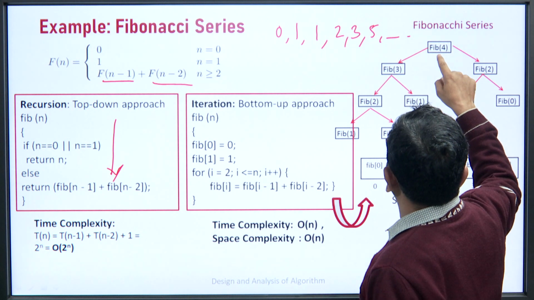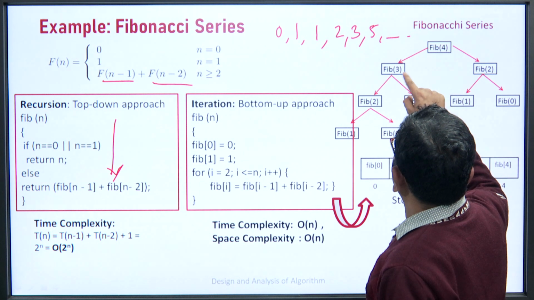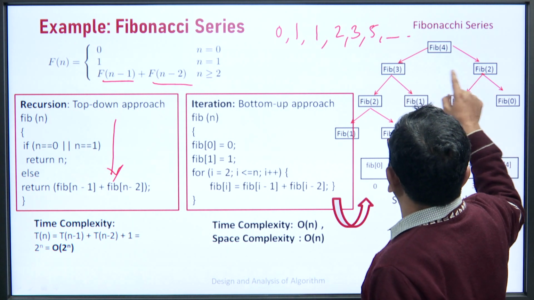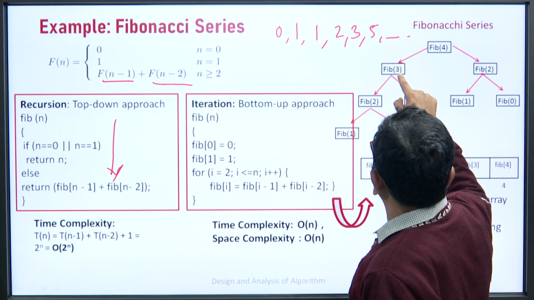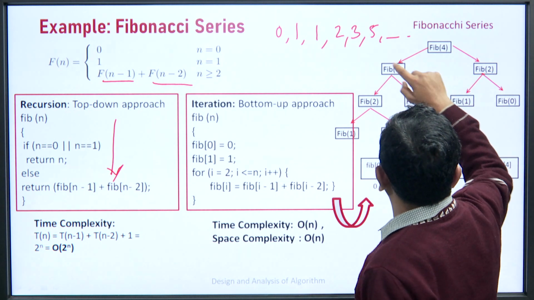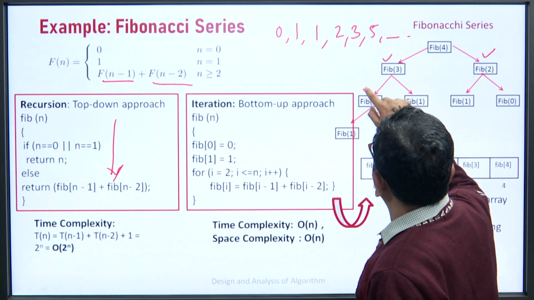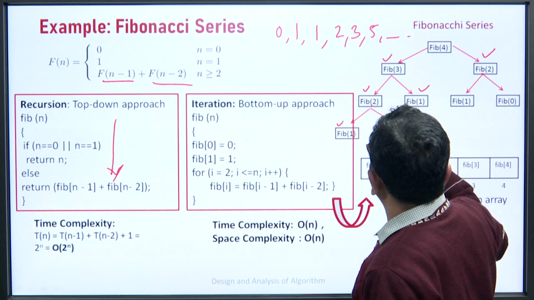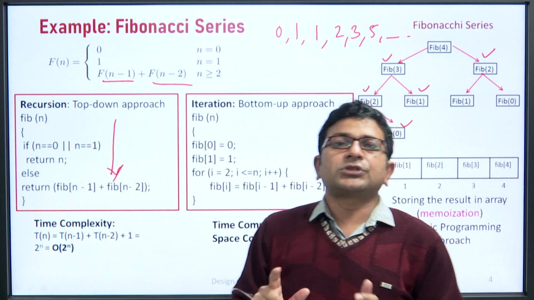If we want to find the value of Fibonacci 4, it will be divided into 2 sub problems, f n minus 1, that is Fibonacci 4 minus 1, 3, and f n minus 2, that is Fibonacci 4 minus 2, Fibonacci 2. So, Fibonacci 3 and Fibonacci 2. Again Fibonacci 3 is divided into 2 sub problems, Fibonacci 2 and Fibonacci 1, and again Fibonacci 2 is divided into 2 sub problems, Fibonacci 1 and Fibonacci 0. So, this is how we divide a problem into sub problems.